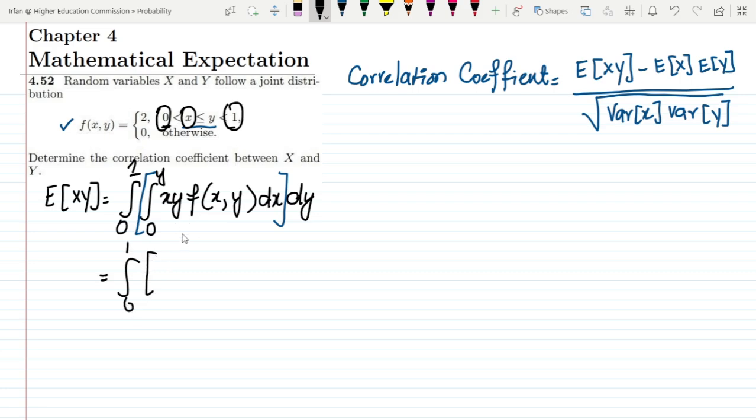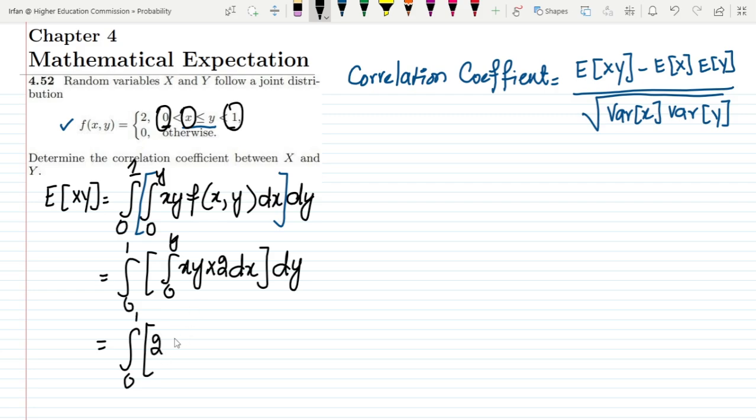And here xy, 0 to y, sorry, let me write it again, and here 0 to y of xy, and the value of f(x,y) is 2. So multiplied by 2 dx, and with it dy. Here it would be 0 to 1, and 2 would be common.